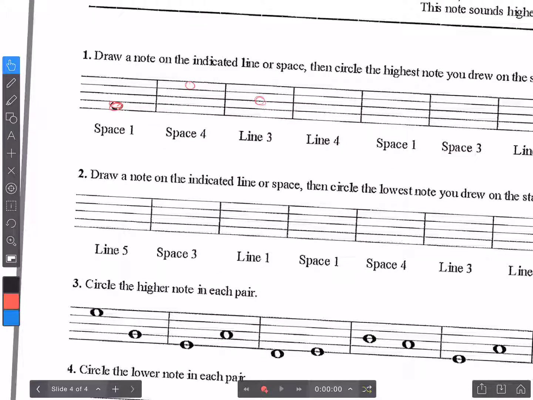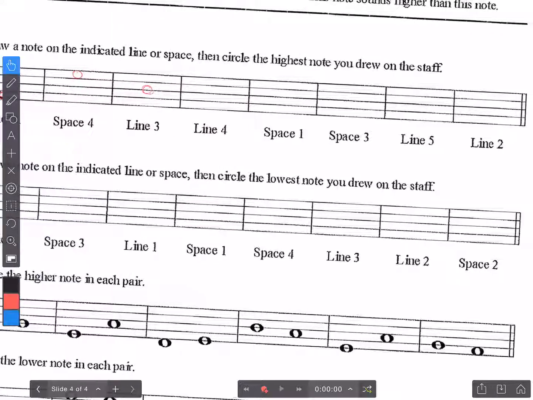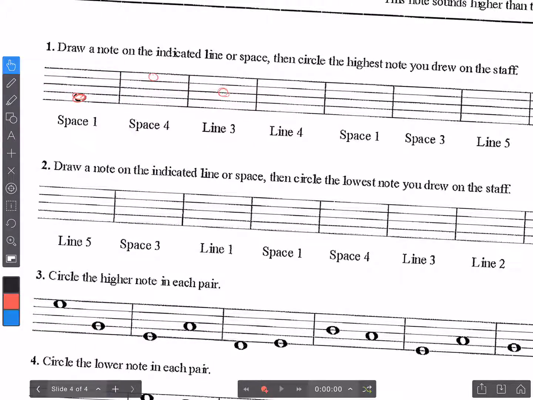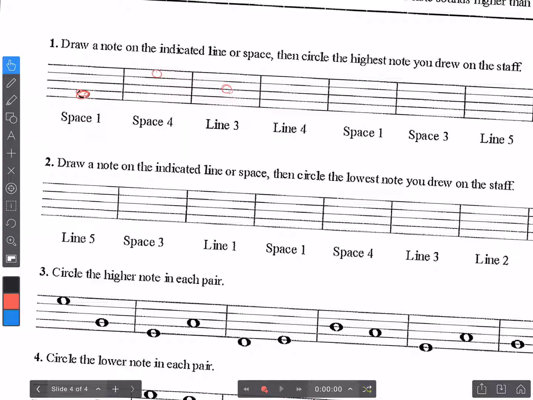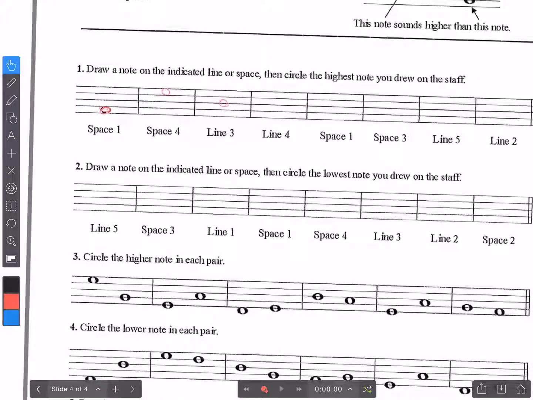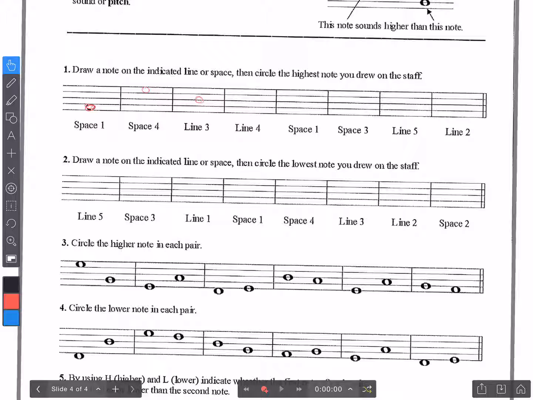Moving on, it asks you to draw more notes, this is number 2, on the indicated line or space, and then circle the lowest note you drew on the staff. So after you've done all of these, look at which one is the lowest and then circle that measure. Whichever one that is. Or actually, I'm sorry, just circle that note. You don't need to know what a measure is yet.